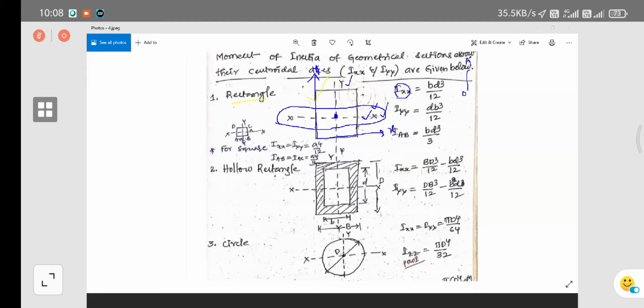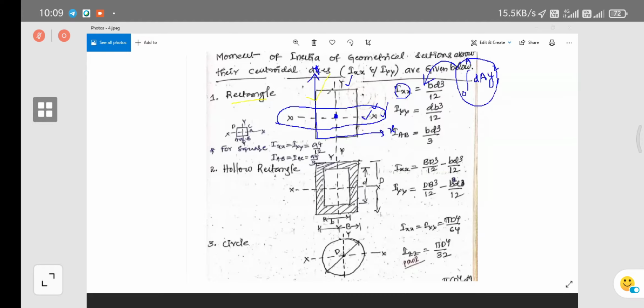Always, if you want to find the moment of inertia about a central axis, you apply integration for the definition: integration of dA into the square of the perpendicular distance of the elemental strip you have assumed. So this is the y. If you square it and integrate, we get the moment of inertia for this rectangle as bd cubed by 12. If it is Iyy, it is db cubed by 12.